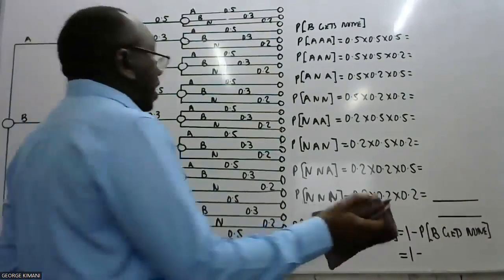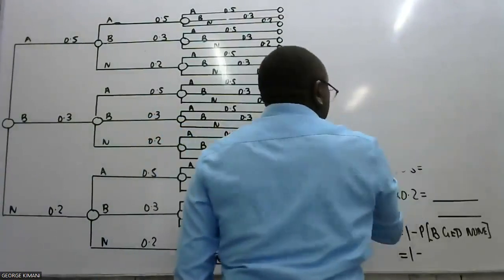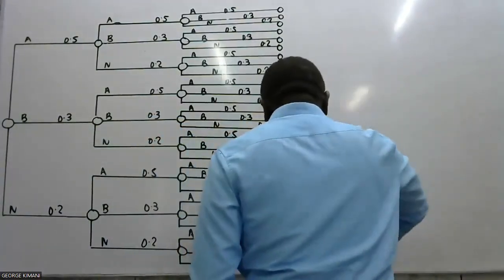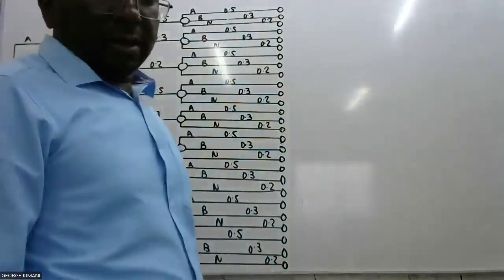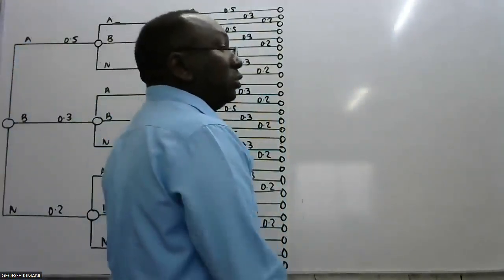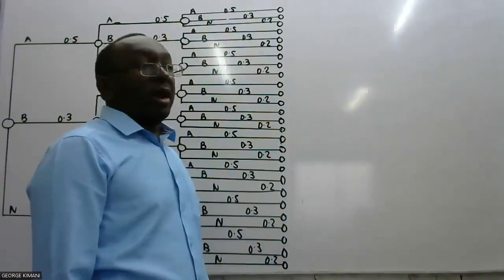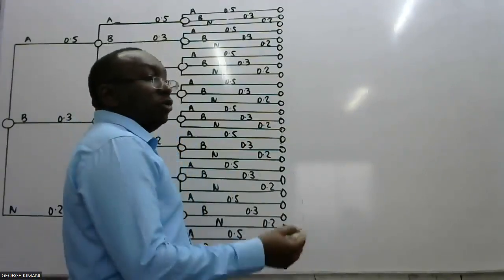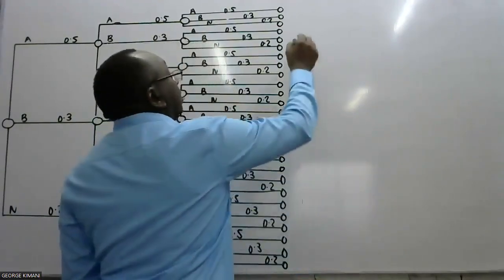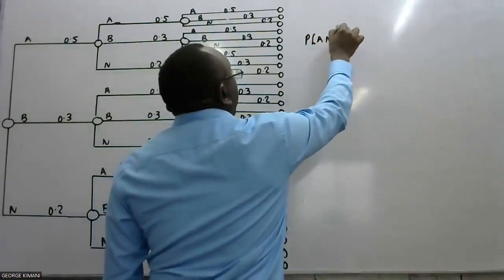The other one is the probability that two contracts will not be awarded. Two contracts will not be awarded. So if two will not be awarded, only one will be awarded. Right? Only one. Now, assuming the first contract is awarded, it will be awarded to A, the second to none, and the third to none.